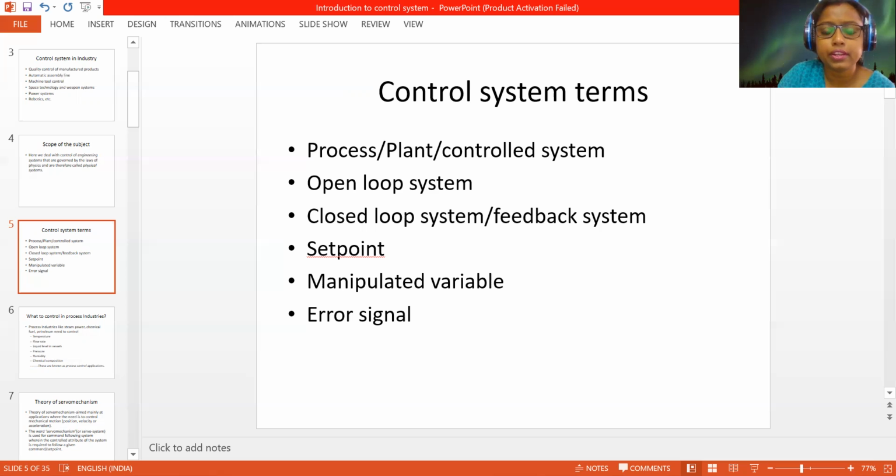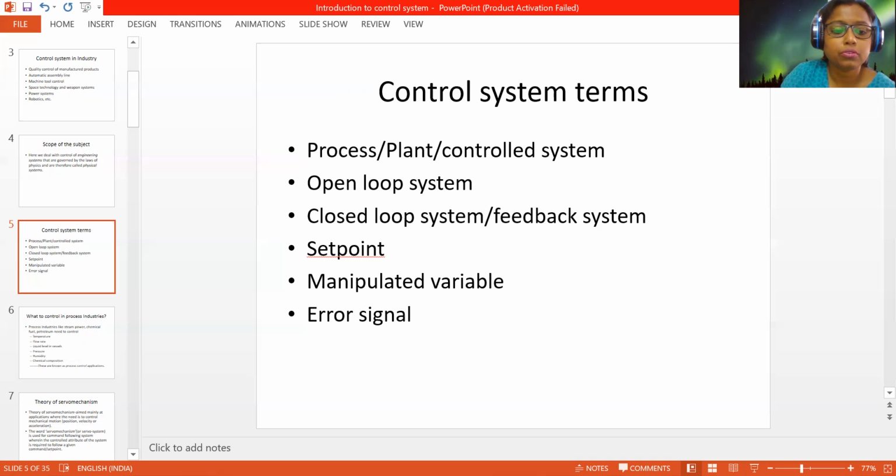Then these blocks measure the entire parameters of this process. That may be flow, level, pressure, temperature, and so on. There could be different types of variables which have to be measured.